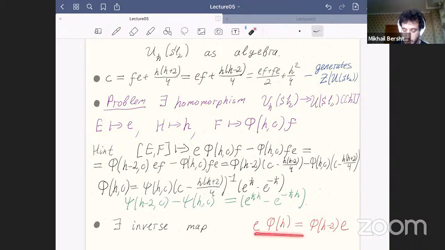So this kind of relation simplifies computations for SL2, at least this is my way to organize this computation. Okay. And as I said, there is an inverse map that can be written using the quantum Casimir. If you want, you can do this. You can consider it as another problem.